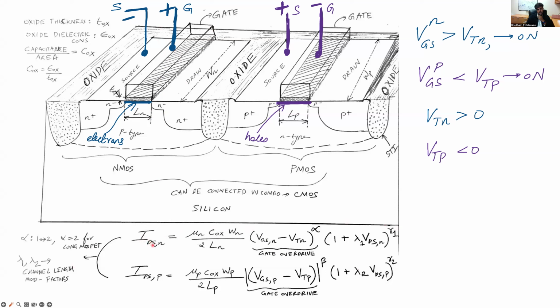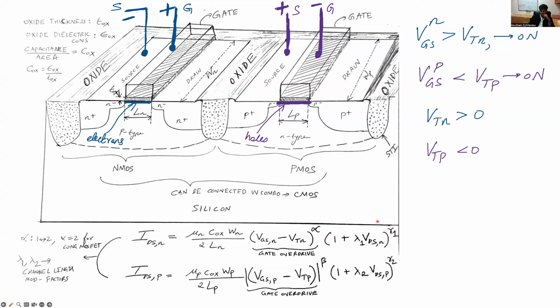For example, the source drain current in the NMOS is the mobility of the electrons times the oxide capacitance per unit area, which is the dielectric constant of the oxide over the thickness of the oxide, times the width of the NMOS, over 2 times the length of the channel, times (VGS minus the threshold voltage) to the power of alpha. This VGS minus the threshold, the excess voltage beyond the threshold that causes the transistor to switch on, is called the gate overdrive.